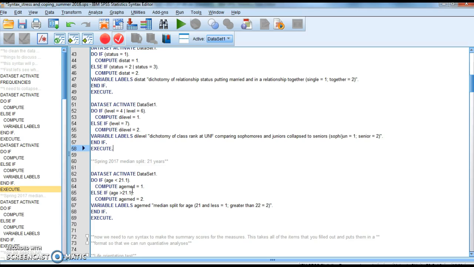In this case, I did a median split. I looked at the median, which was 21 years. Through this syntax, I said to create a new variable called age med, for age median, where if the individual was less than 21 in the new variable, they were assigned a 1. If they were greater than 21, they were assigned a 2.